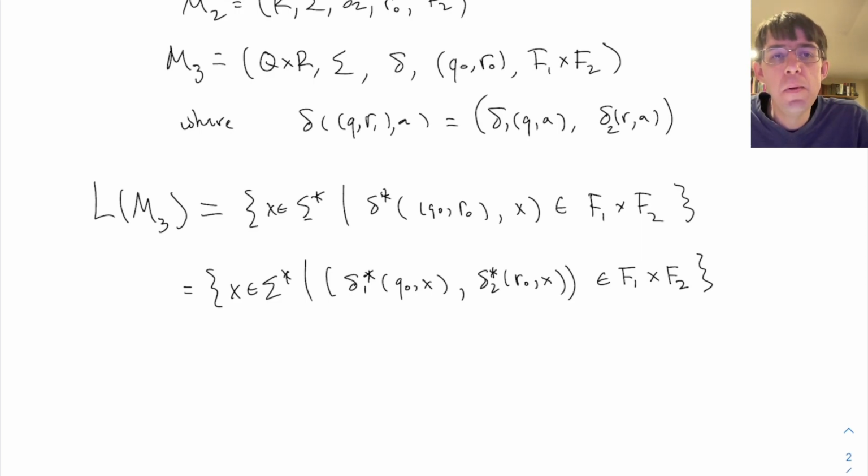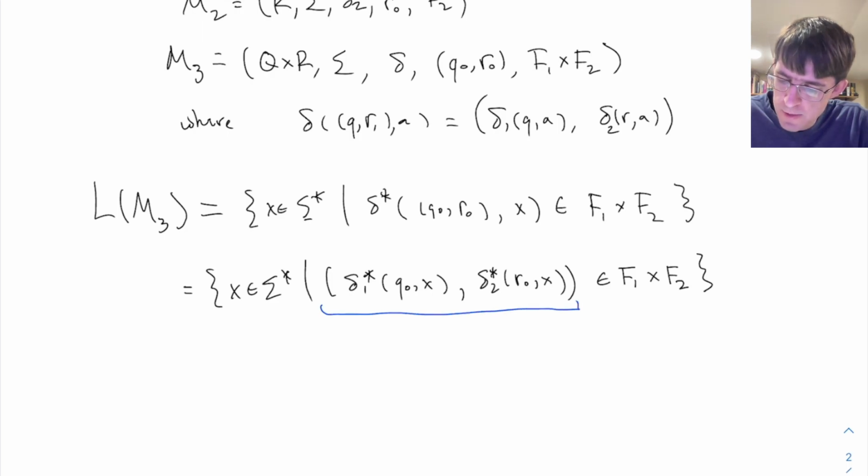Okay. Actually, that was the hardest step. That was using a definition of something. The rest is just pure abstract set theory. So what I'm going to do next is, this says this is a pair. If you look at where the parentheses go, that's a pair, and it's in this cross product. When I have a pair in that product, what it means is the first part of the pair is in F1, and the second part of the pair is in F2.